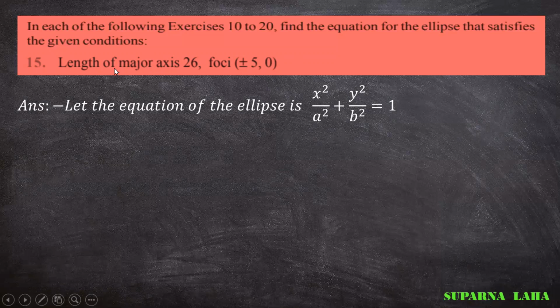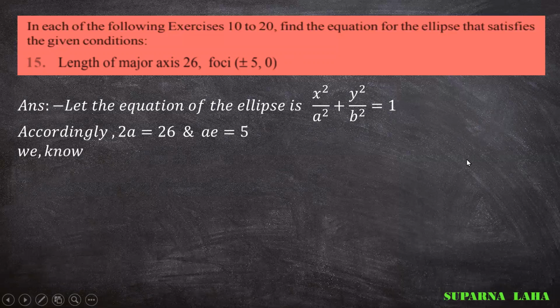Now if we compare this information with the equation, the length of the major axis is 2a, which equals 26, and the foci are plus minus ae comma 0, so ae is equal to 5.